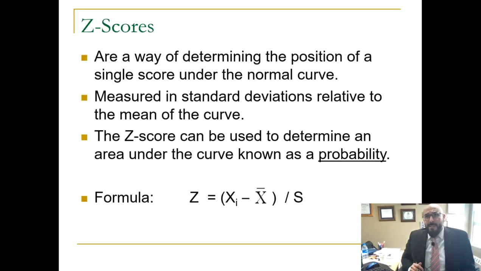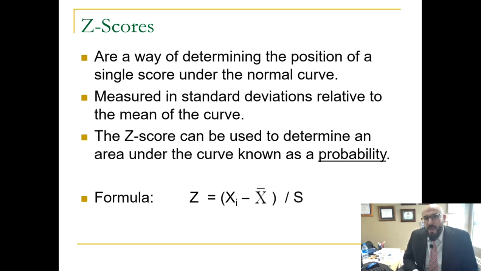Moving on to the z-scores. These are basically a way to determine the position of a single score under the normal curve. Say we have a student who took quiz 1 and achieved 60% in this quiz.